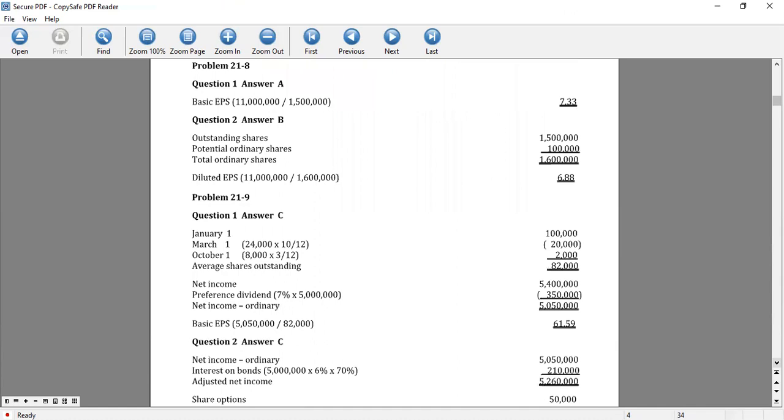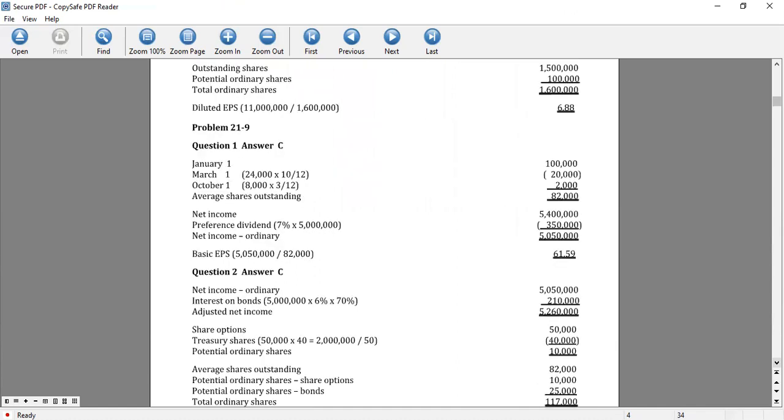21-9. In 21-9, for number 1, compute the average shares outstanding. The average shares outstanding is computed from January 1, 100,000 shares. Then March 1, that's only 10 over 12.